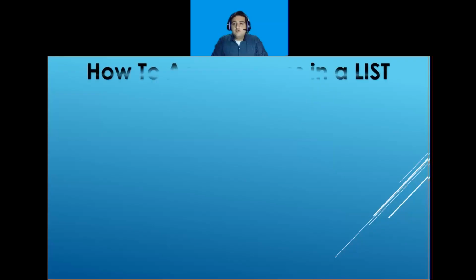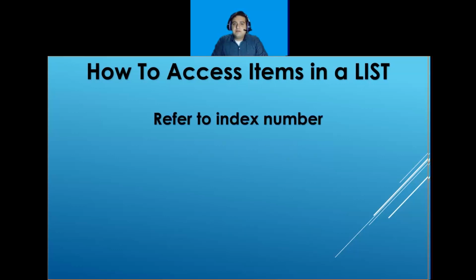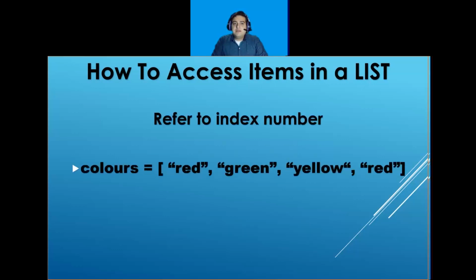Now I don't want to print the list as it is. I want to print a specific element. To print a specific element, I have to refer to the index number. Here is my list, and the index numbers are 0, 1, 2, 3.